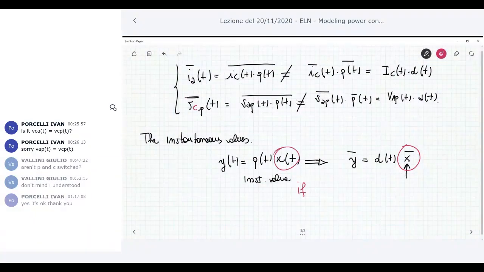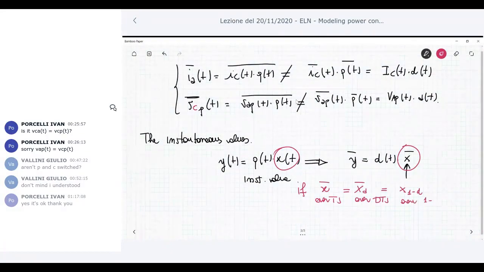If the average value of x over d·Ts is equal to the average value of x over d, and it's equal to the average value over 1 minus d·Ts, so if these three averages, computed over the whole switching period Ts, over just Ton, and over Toff, are equal among them, then you can have this kind of transformation.